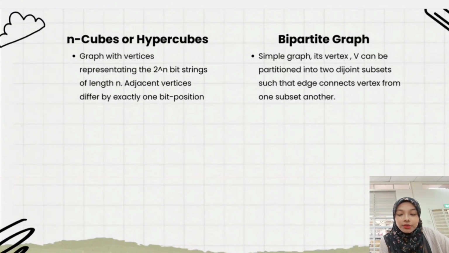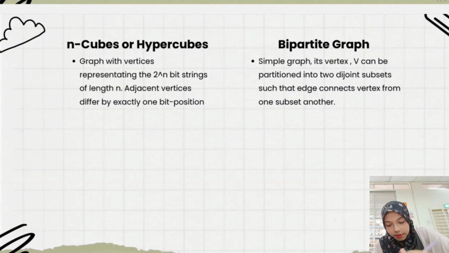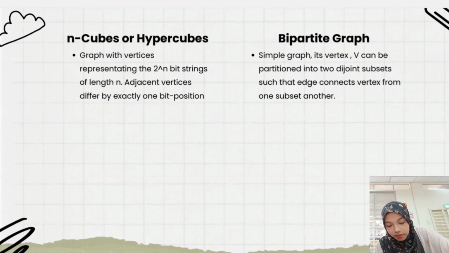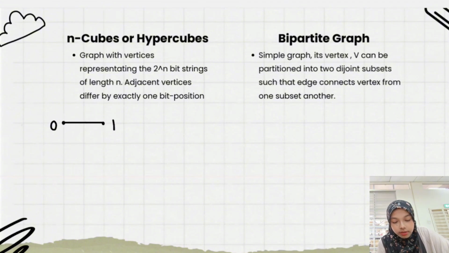The fourth one is n-cubes or hypercubes, a graph with vertices representing the 2 to the power of n bit strings of length n. Adjacent vertices differ by exactly one bit position. So for example, I have 0 and 1, and I connect them. So this is one bit position.